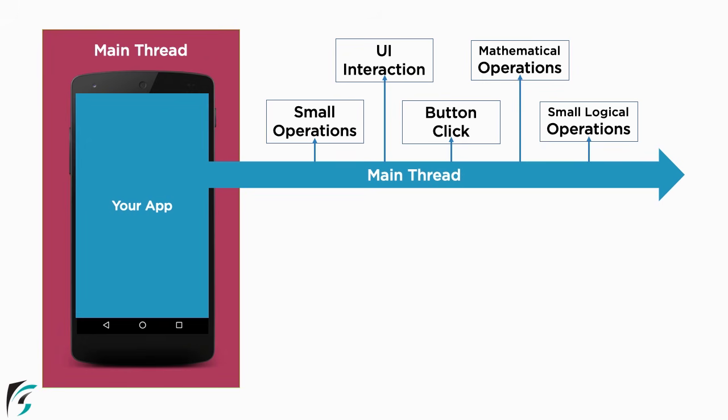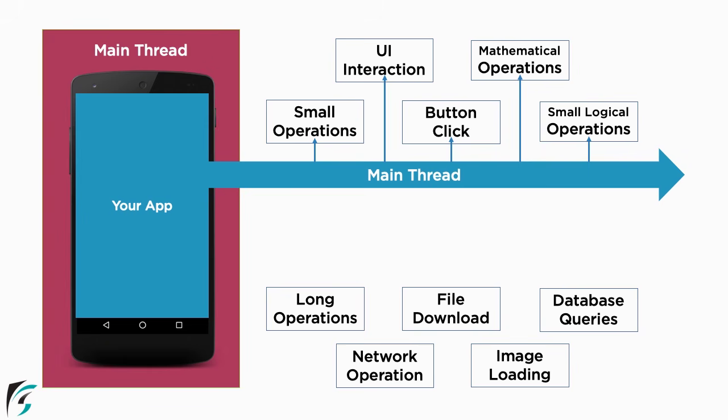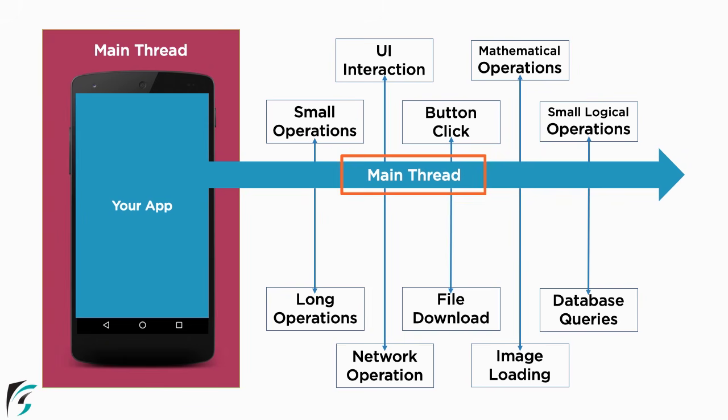Now, what about the long and heavy operations, such as that requires the use of internet, or upload or download of a file from the server, loading and displaying an image from the server, or running some heavy database queries. Well, if you run these heavy operations on the same main thread, then in that case, your main thread will be blocked.